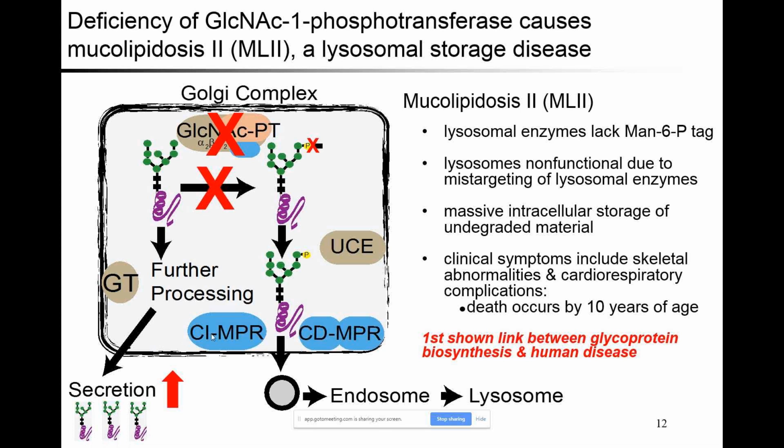So is this how the V-type ATPases get to the lysosome, so they can create those acidic conditions? That's a good question. I don't have a good answer for how the V-type ATPases are delivered. It would go through these membrane-bound vesicles, but to my knowledge, they do not have mannose-6-phosphate.